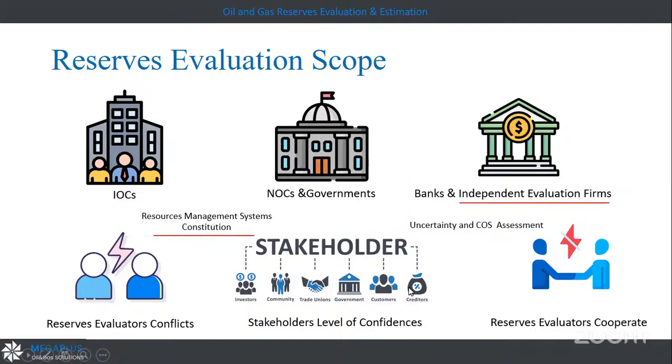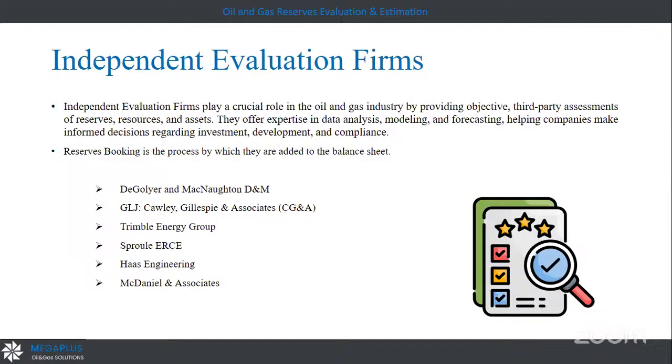So we have here a game, I think, between the independent evaluation firm and the resource management system. What are both? First, I will start with the independent evaluation firm. They play a crucial role in the oil and gas industry by providing objective third-party assessment of reserves, resources, and assets.